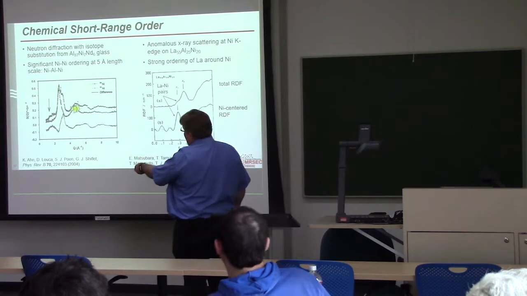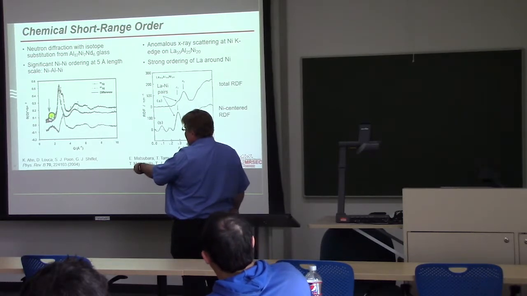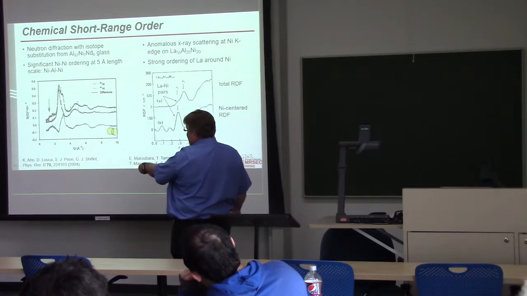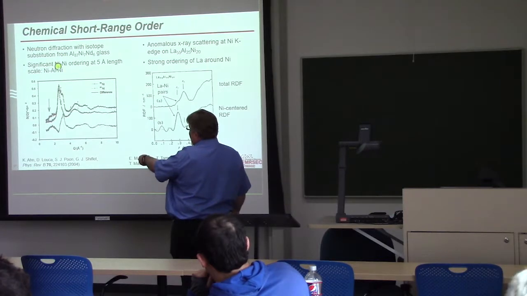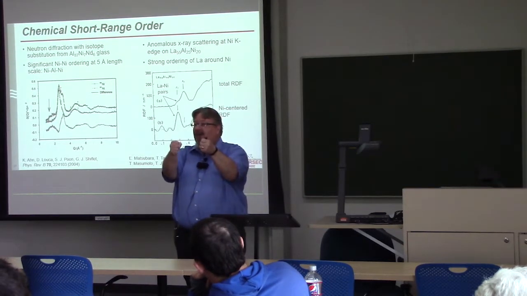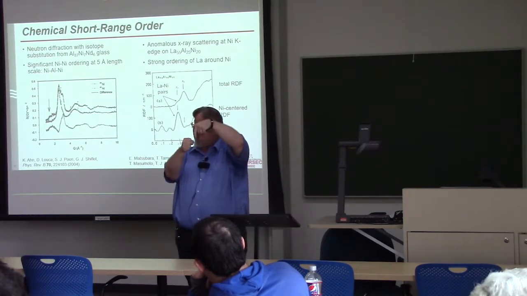However, in the sample with the stronger nickel scattering, they see a distinct pre-peak in the structure factor. And the difference between strong nickel and less strong nickel is shown across the bottom here. There's a distinct peak below 2 inverse angstroms, and that corresponds to strong nickel-nickel ordering at a length scale of about 5 angstroms. 5 angstroms is way too far for a distance between metal atoms, so there has to be at least one more atom in between.